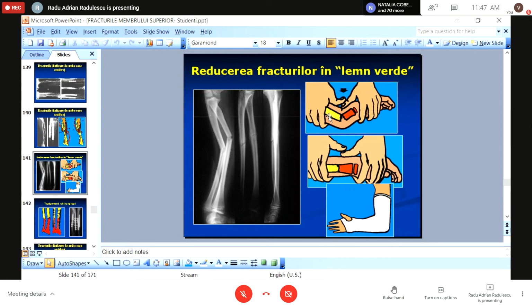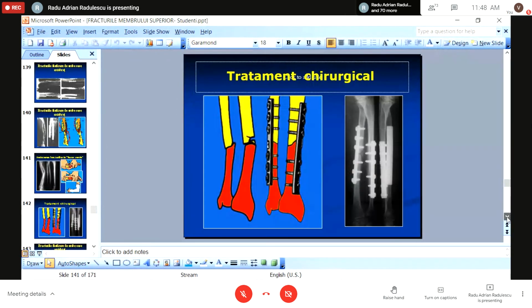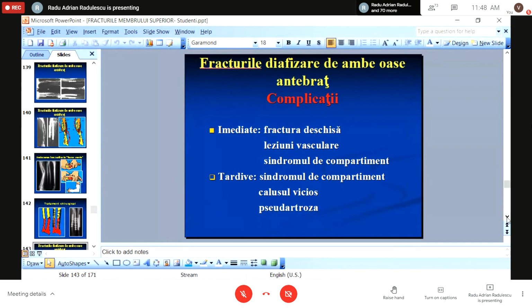In children, because they have a very thick periosteum, we can perform a closed reduction by following the way back the mechanism of the fracture, so we can reduce it by external maneuvers like we can see here, and then put it in a cast, and then we may obtain the proper reduction and union of the bone, but only in children.